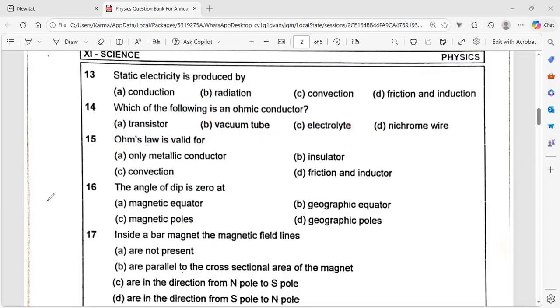Angle of dip is 0 at the equator. Let's consider the Earth somewhat like this. I'll draw the Earth a little bit tilted.